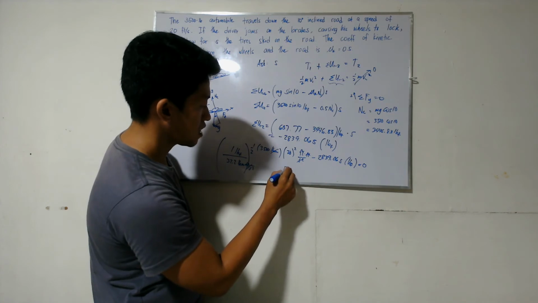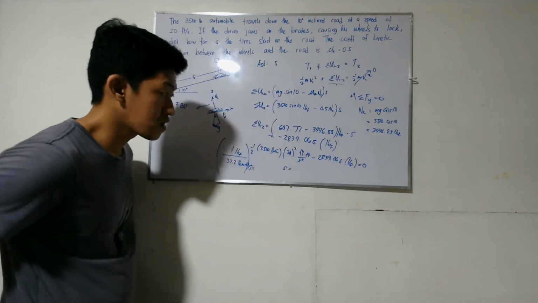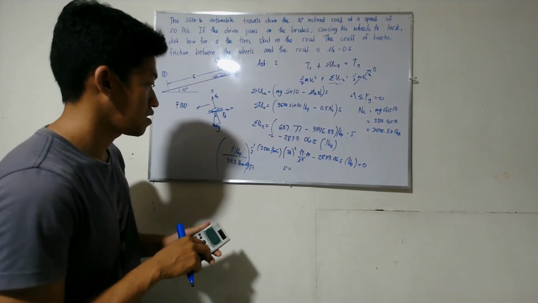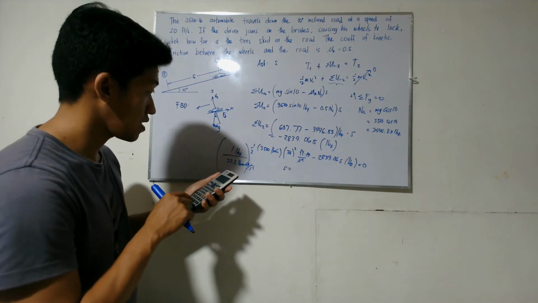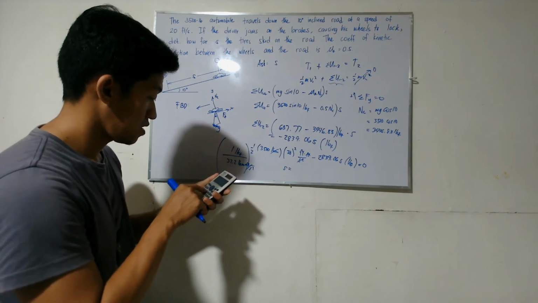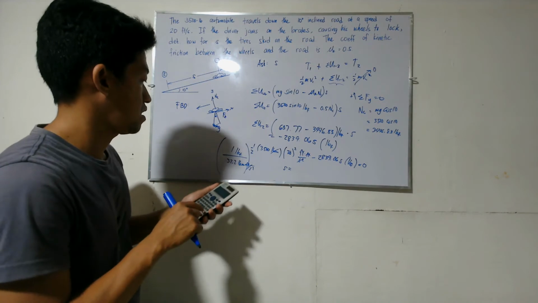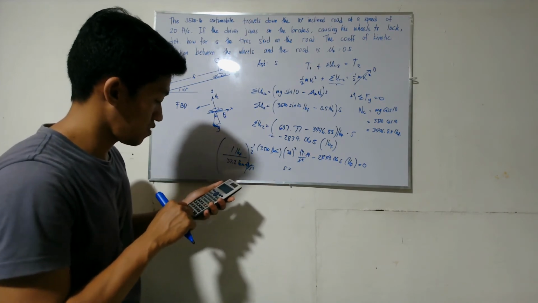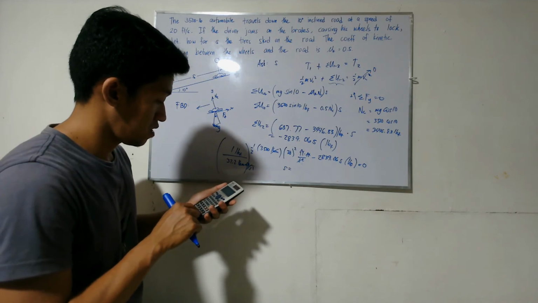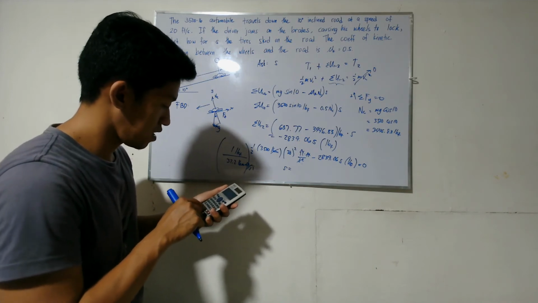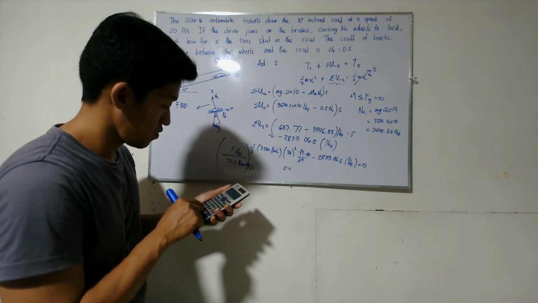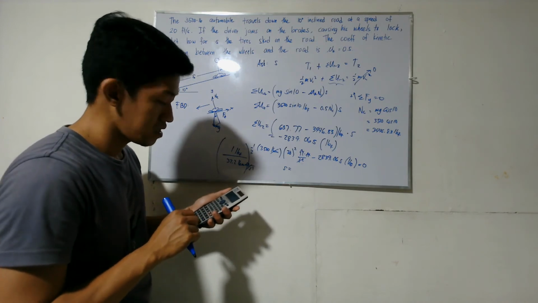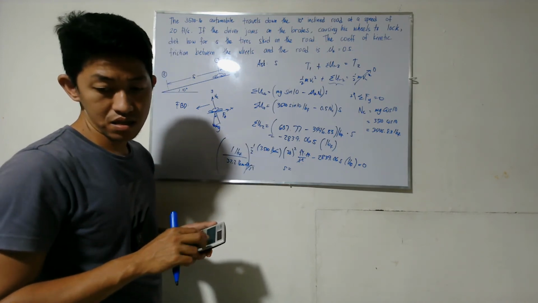Therefore, S is equal to 3,500 divided by 64.4 divided by 2839.06.